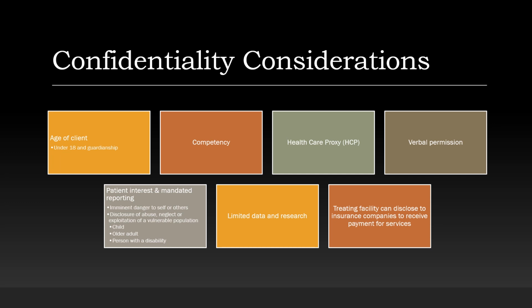In addition, if a patient is above the age of 18, but has been deemed by a legal entity as being unable to make their own decisions, clinicians must consult with a court-appointed guardian or decision maker for healthcare-related decisions. Similarly, if a patient is deemed unable to make their own decisions by a healthcare provider, and there is a signed documented healthcare proxy, the physician must invoke this healthcare proxy prior to communication regarding treatment decisions.